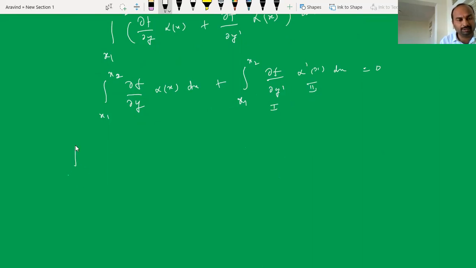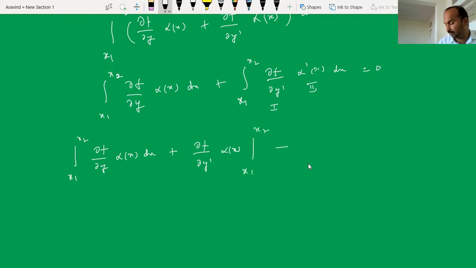So it becomes the integral from x1 to x2 of ∂f/∂y α(x) dx plus first function ∂f/∂y' into the integration of α', which becomes α(x), with limits x1 to x2, minus the integral from x1 to x2 of the differentiation of the first function, d/dx of ∂f/∂y', into the integral of the second, which becomes α(x), dx equals 0.